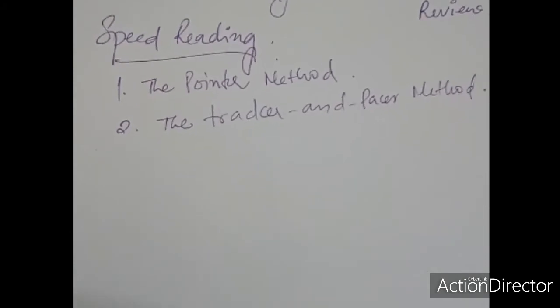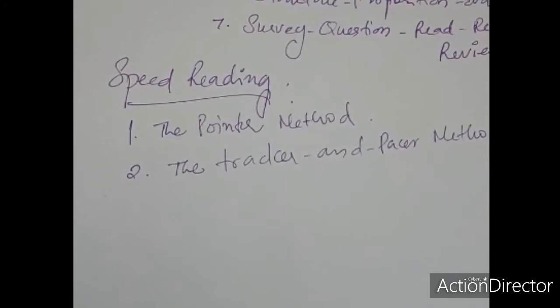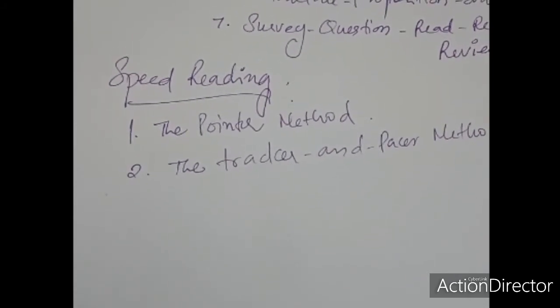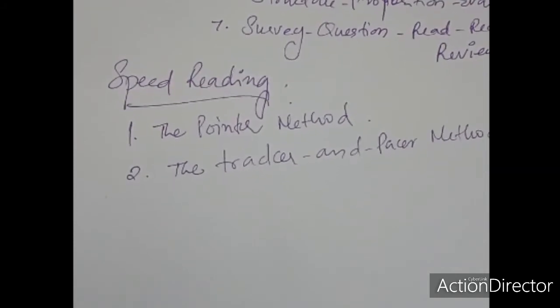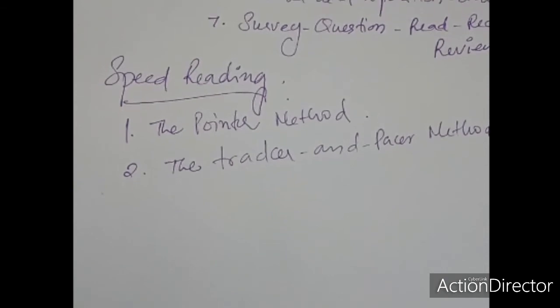So the pointer method was you put your finger and do the line reading. The tracker and pacer method is you use a pen with a cap on it and underline or track each line as you keep reading it. Right.